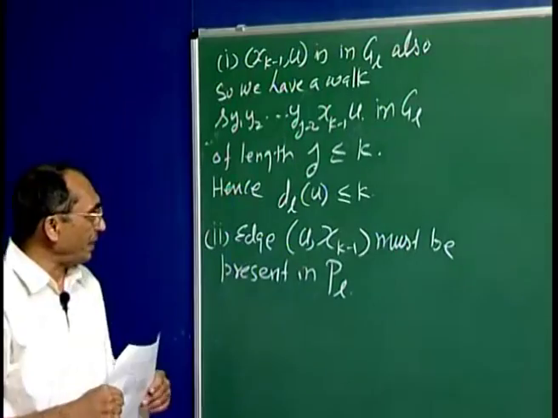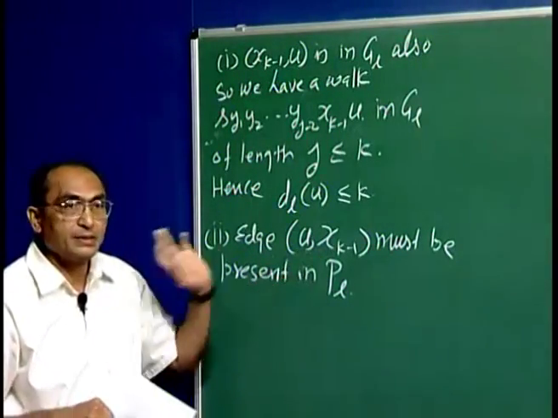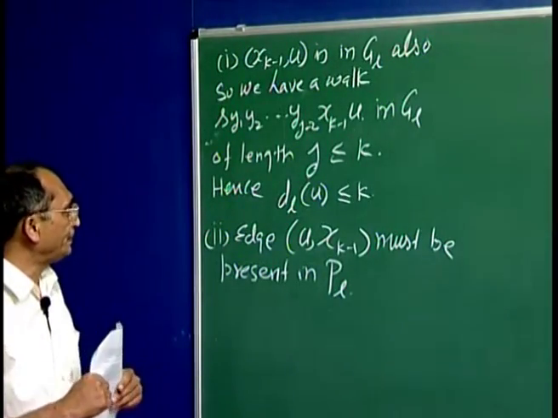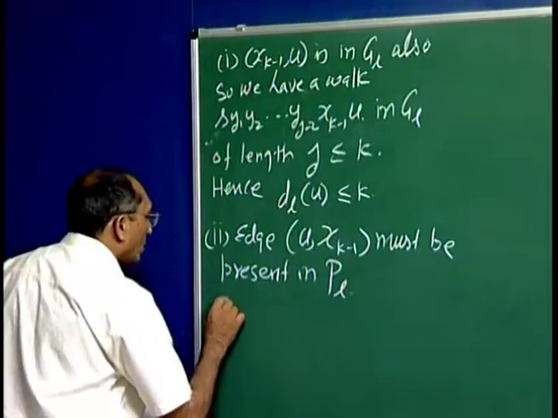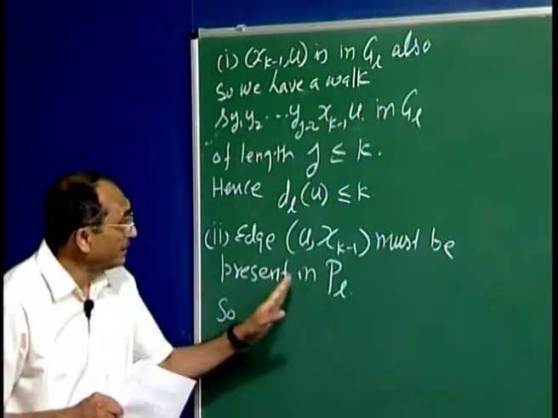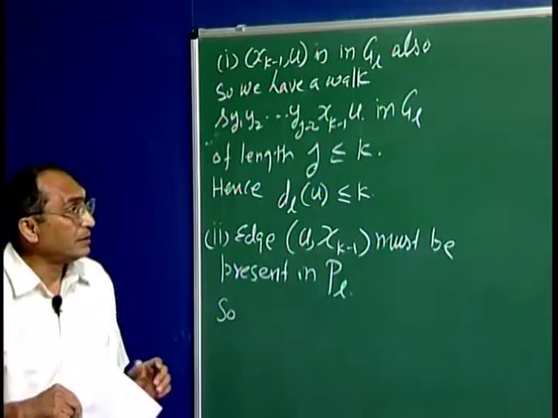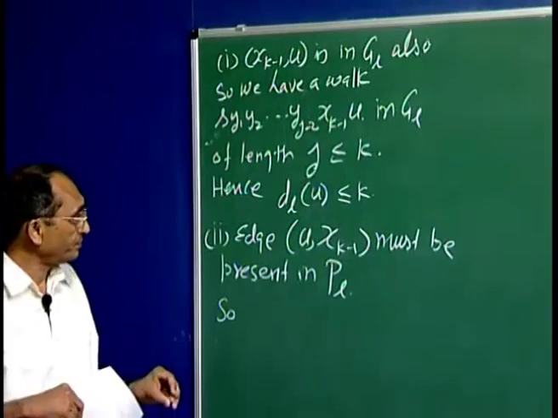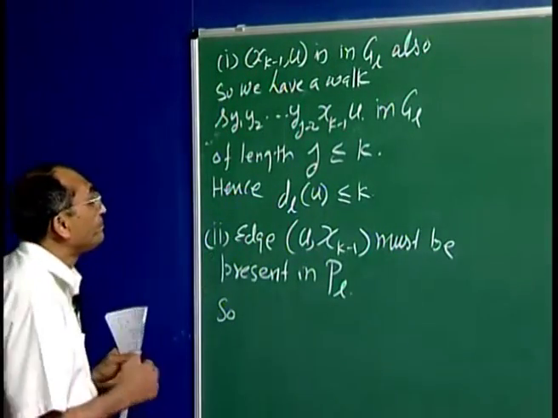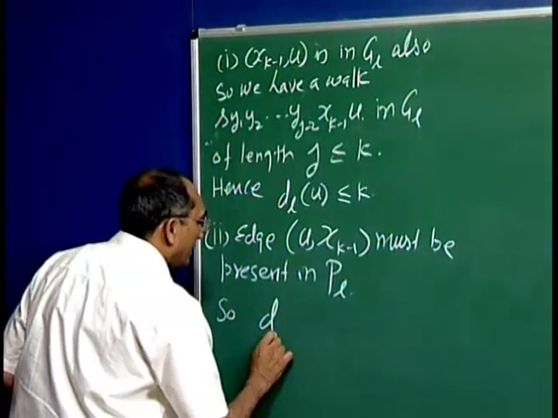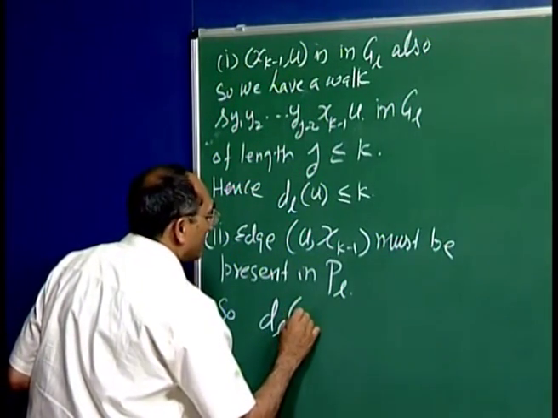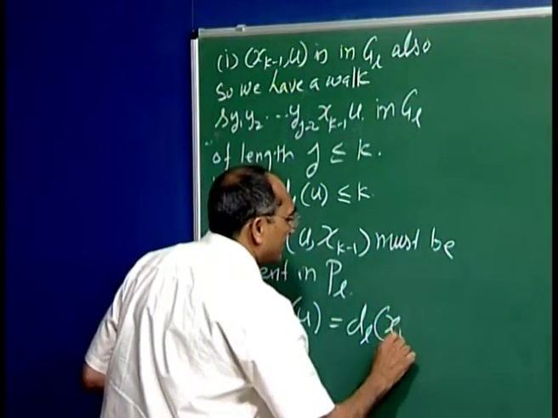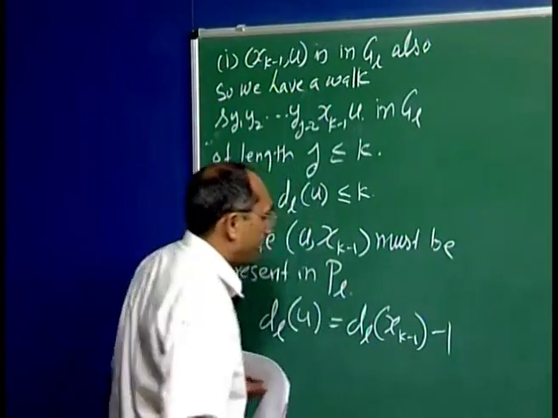The augmentation path computed from GL must have had this edge. Okay. Now notice that the augmentation path, if we take this to be the shortest path, then dL of u is dL xk minus 1 minus 1.